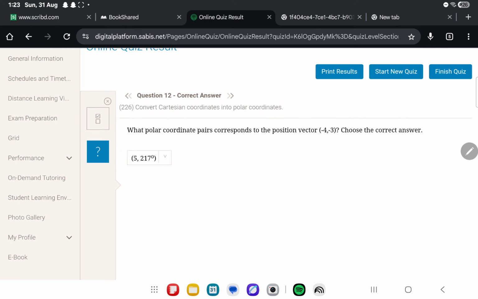What polar coordinate pair corresponds to the position vector -4, -3? So, for this, there's a button on the calculator to convert between Cartesian, which is what we have here, to polar. So follow with me on the calculator. Because this is only an AMS, they're not going to ask you to write this down.